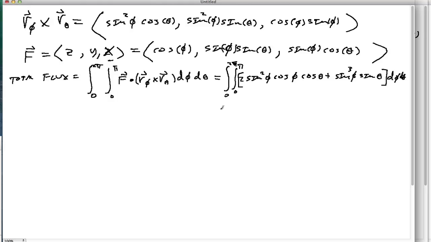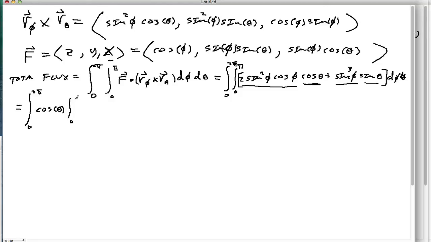All right, so what we're seeing here then is a product. There's this part right here that's all in phi, and that's in theta. So what I can do then is break this up a bit. I can keep this integral on the outside. I'm going to put a cosine theta there, and that's coming from here, and that's going to go outside of the phi integral.